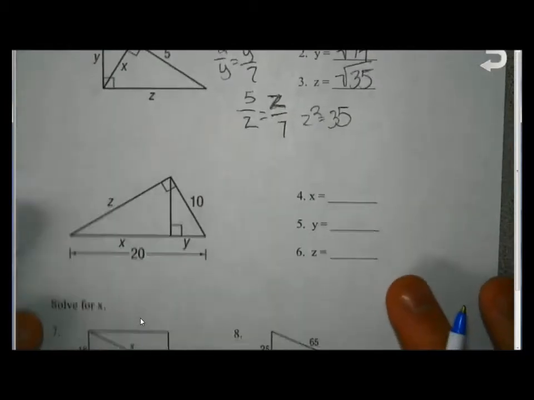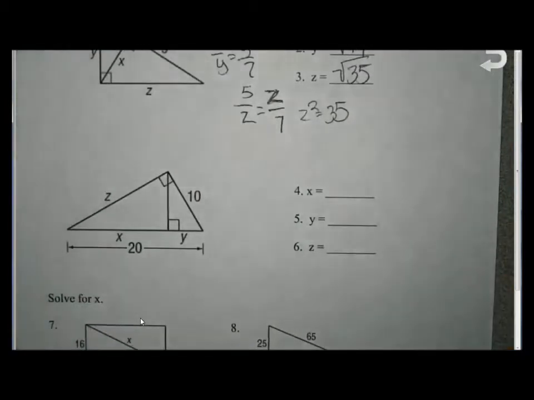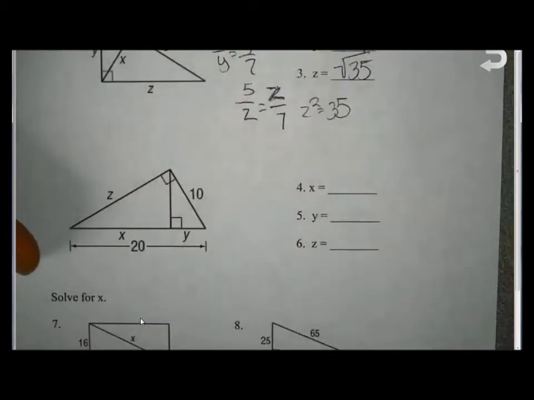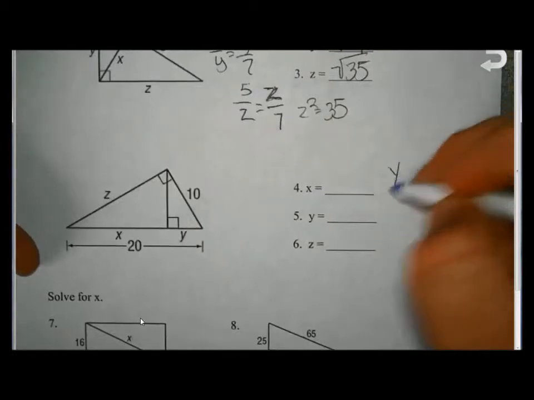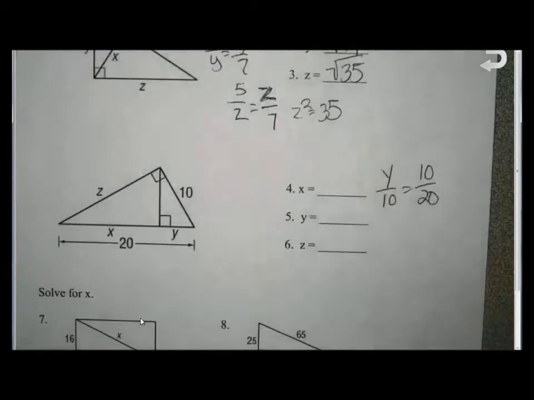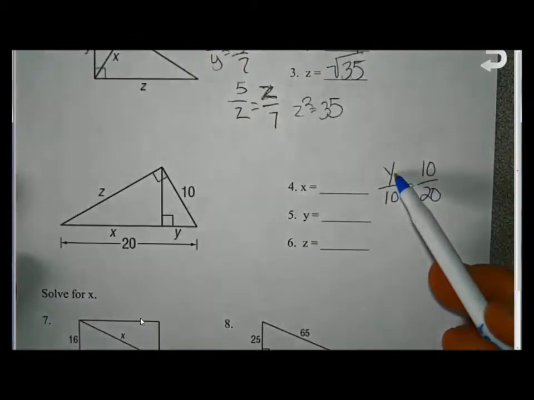For 4, 5, and 6, I told you that you have to do y first. Okay? And so if you have to do y first, what is the proportion that I set up for y, Arthur? Y over 10 and 10 over 20. So y over 10 equals 10 over 20. Now, the square root thing goes out the window because am I going to be squaring y?